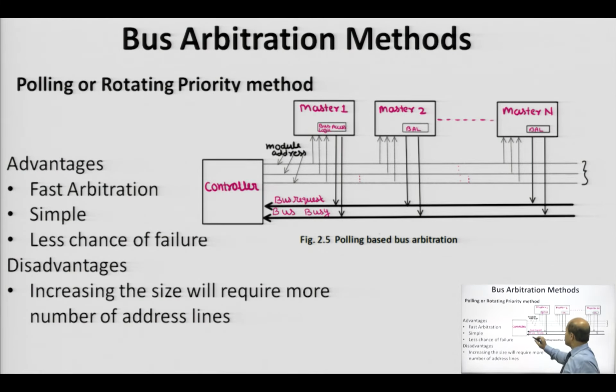According to the polling sequence, a particular address is generated and that address will be available on the address lines. If a particular master is requesting for the bus and its address matches with the address available on the channel, that master gets the bus grant signal, holds the bus, and uses it to transfer its data.